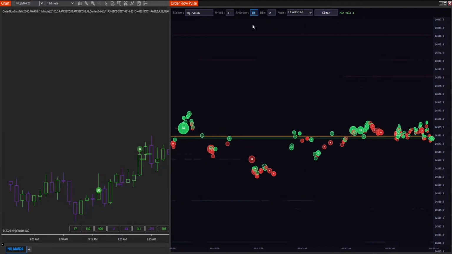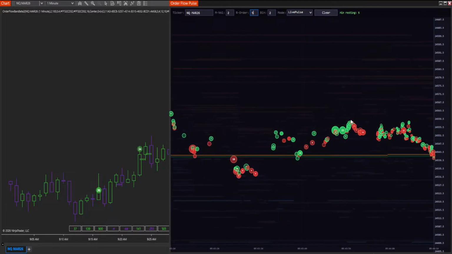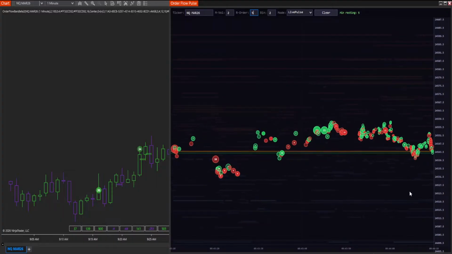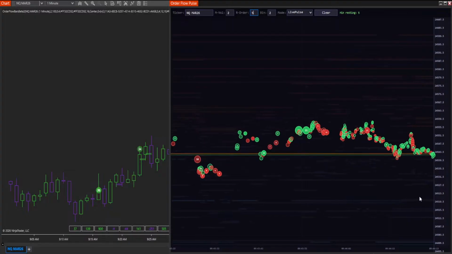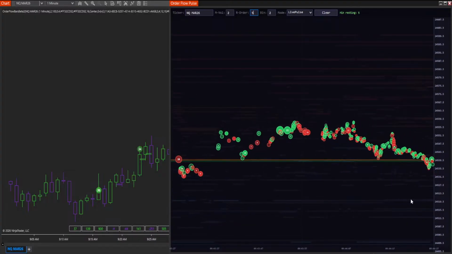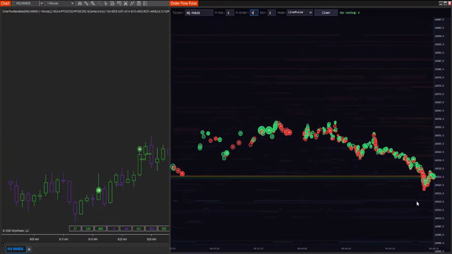Let's say if we go to 5 resting orders, now you see a bunch more resting orders. If it's dark, that means there's not a whole lot. If it's shaded light, like the opacity is pretty high, that means there's more resting orders in that area.